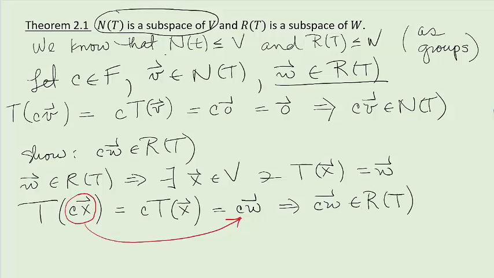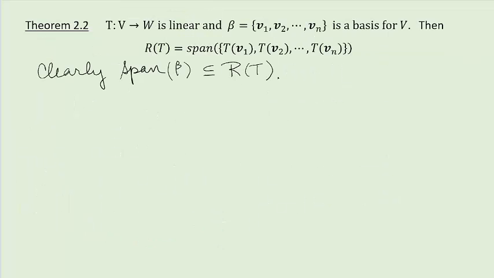So we have proven that the null space and the range are both subspaces of V and W respectively. Theorem 2.2 is a very important theorem. If T is a linear transformation from V to W, and beta is a basis for V, then the range of T is spanned by the images of those vectors in beta.